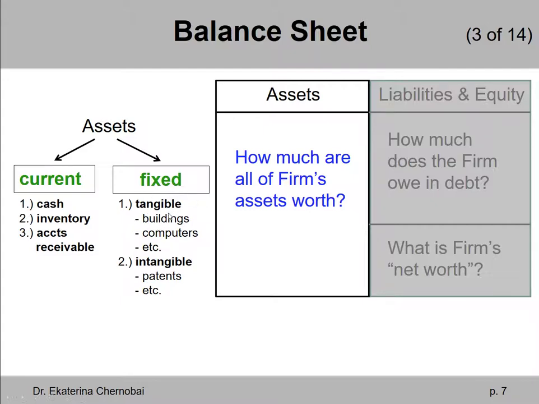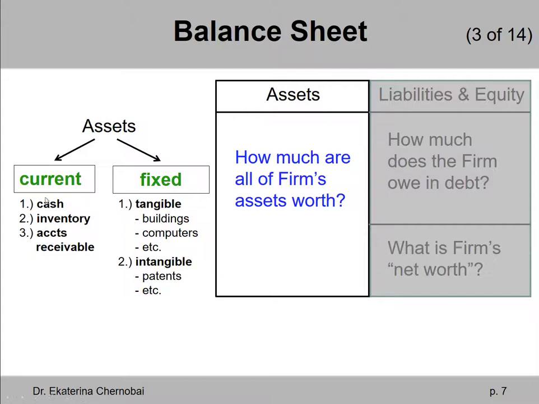Think of much bigger assets. Tangible, that could be touched, like buildings, computers, equipment, trucks, and so on. And intangible, things that have value but cannot be touched with your hands, like patents, like software.